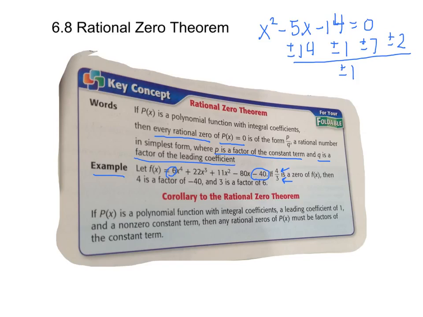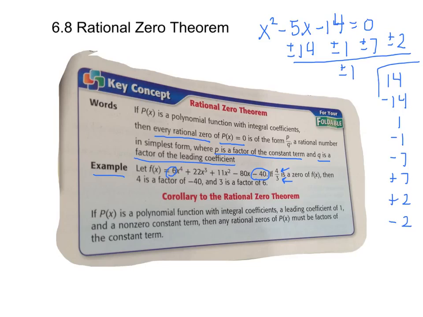then if there is a rational zero, it will be located either at 14 over 1, or negative 14 over 1, 1 over 1, negative 1 over 1, negative 7, positive 2, or negative 2.